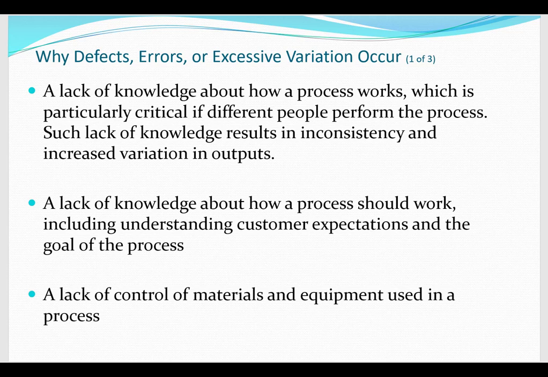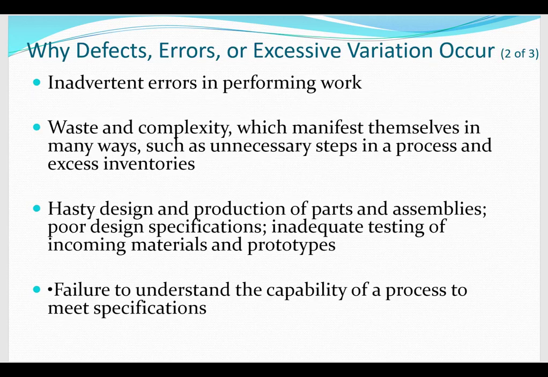It could be a result of a lack of control of materials or equipment used in the process. It could be inadvertent errors in performing the work by the employees. Waste and complexity generally add to defects, errors and variation.